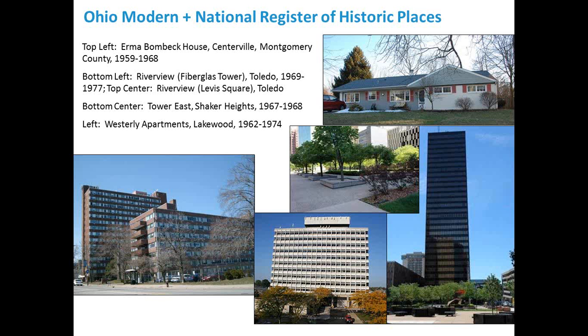So I think these small examples show us that the National Register criteria and integrity have not changed, but are certainly applicable and can be applied to modern architecture and important modern events in Ohio, and the work of important architects. So that wraps us up, and I'll turn it over if there are any questions.